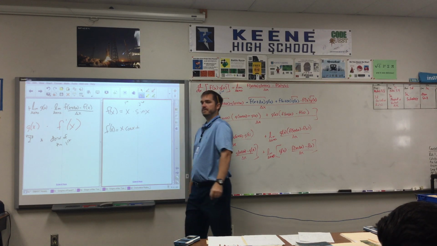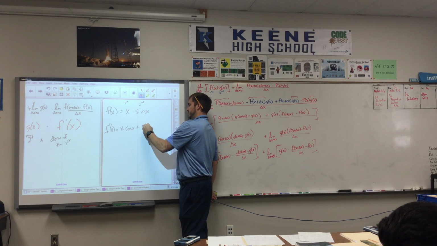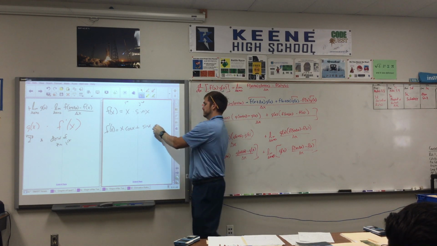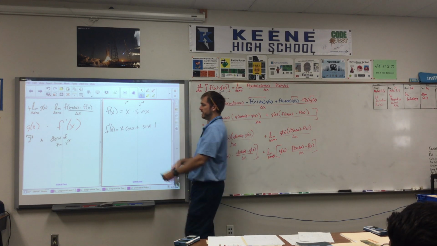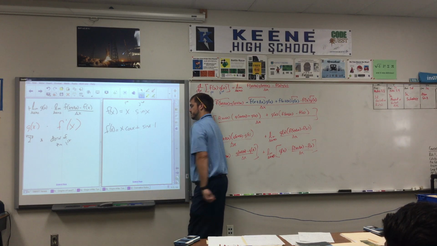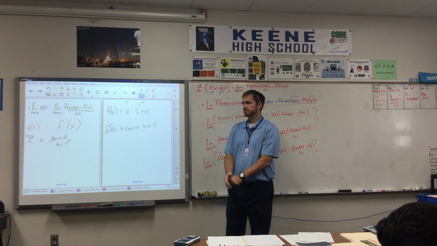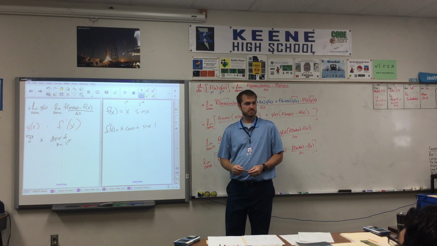Plus the second, sine x, times the derivative of the first. So the derivative of x times sine x is x cosine x plus sine x. That is the product rule.